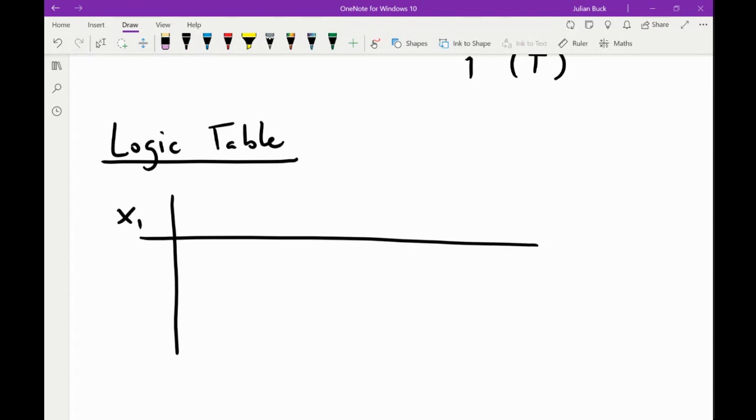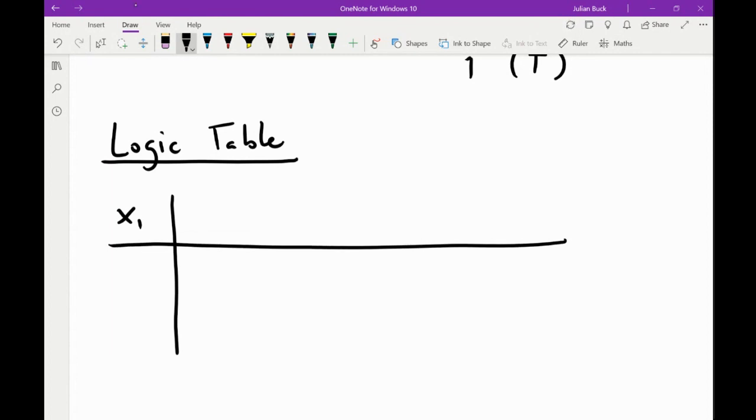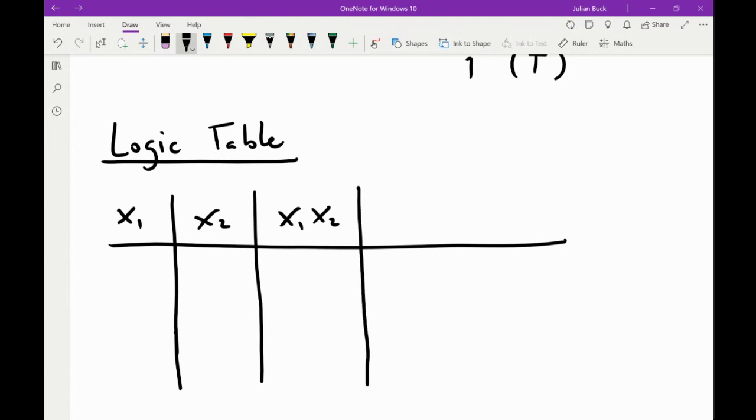So we're going to have x1 and then x2. And just so you see what it looks like, with binary bits, we just write them next to each other, so x1, x2. And then we'll have the result for the AND. x1 can take the values 0 and 1, and I'm repeating them because I need all possible combinations of zeros and ones that x1 and x2 can take.